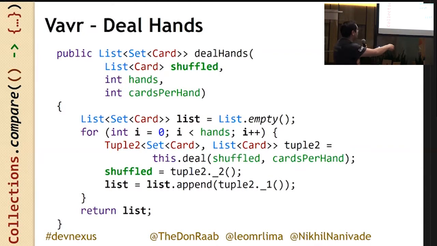And then you keep on resetting whatever remains in the shuffle, and you keep on appending to the Vavr list whatever you popped. So that's all that's happening. But in order to get such a simple feature, you do have to write that convoluted code. Any questions so far before I go on to the last slide?